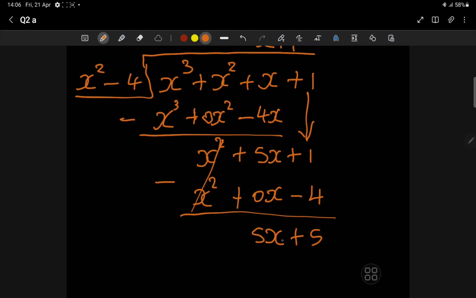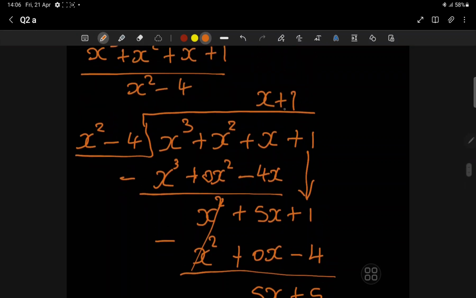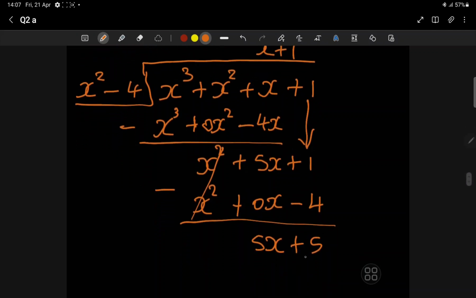So this can't go into this, so we end here. So we have this as our solution, the answer that we've obtained, and 5x plus 5 is our remainder.